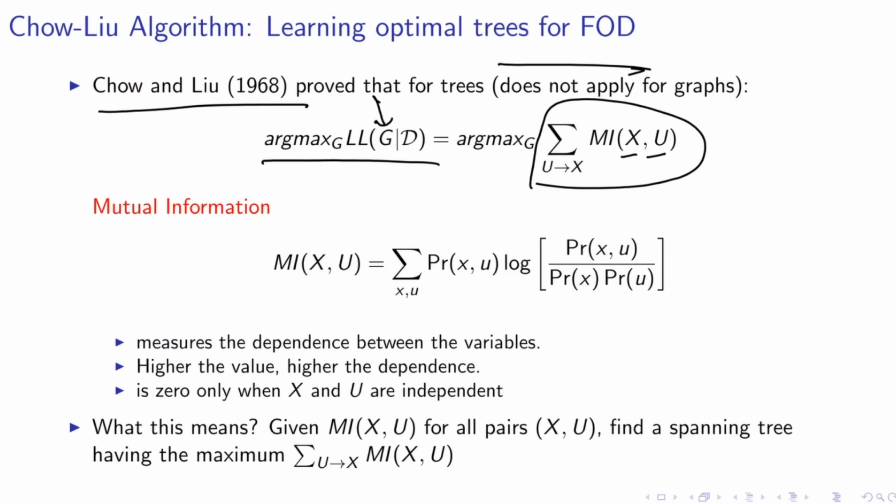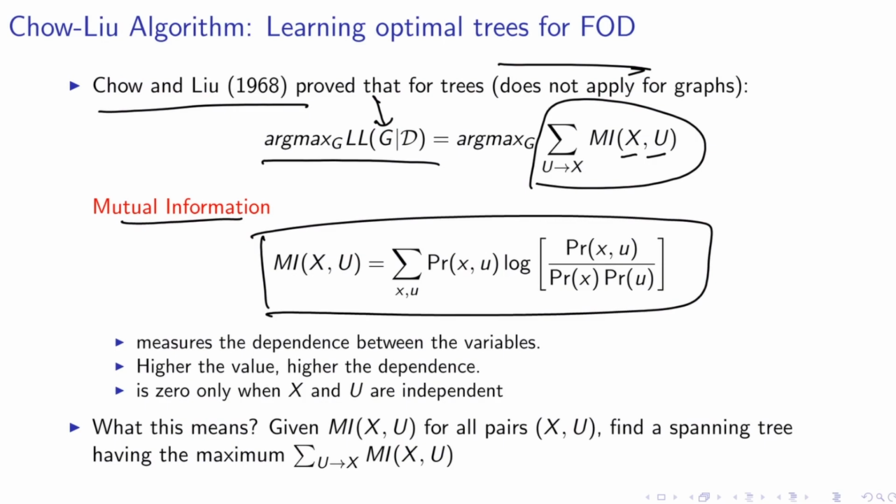Okay? So to define mutual information, the mutual information between X and U is nothing but the expected value of log of P(X, U) divided by P(X) times P(U).